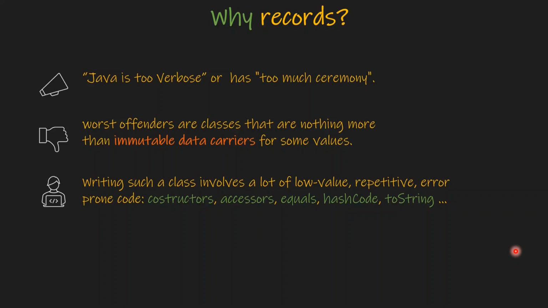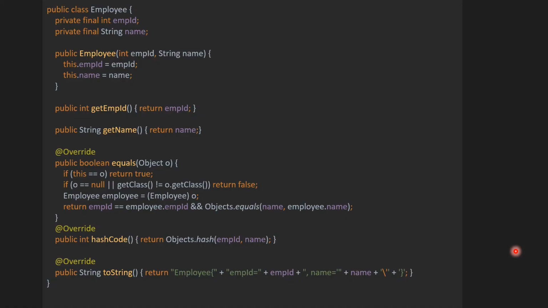Let's take an example and see what I mean here. For example, you need to pass values for an employee, like employee ID and employee name. However, when you want to write a simple Java class for it, the code gets much bigger. You can see there are two fields here which are marked as final, so we are not going to change them, and this class is going to be an immutable data carrier class.